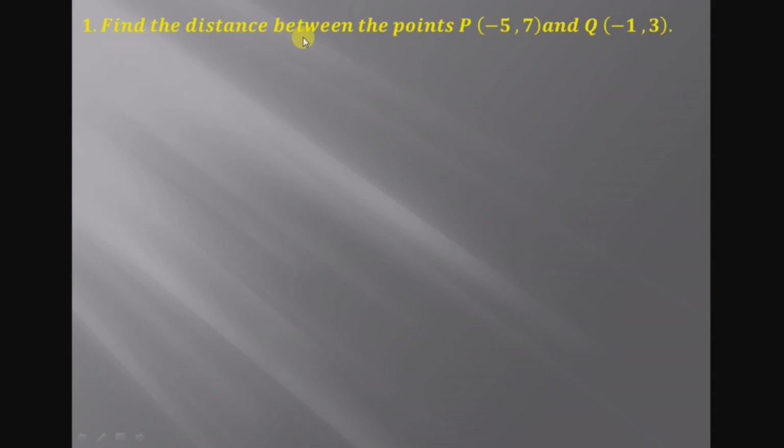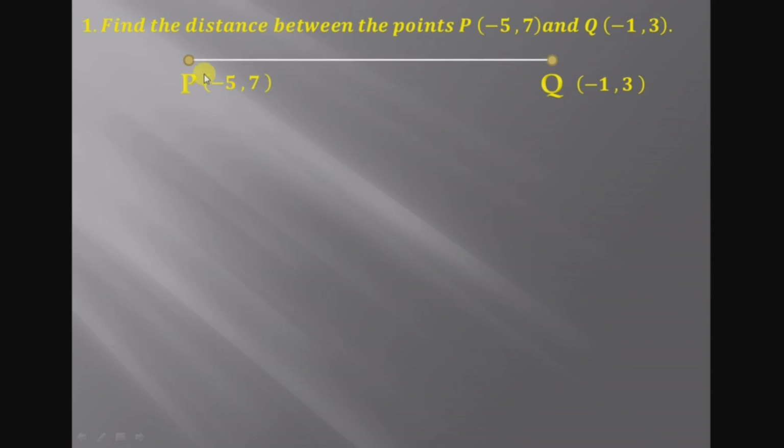Okay, let us take a first example. Find the distance between the points P(-5, 7) and Q(-1, 3). Let us consider two points P and Q whose coordinates are (-5, 7) and (-1, 3).